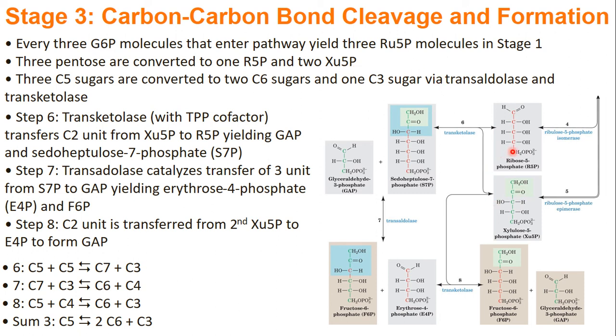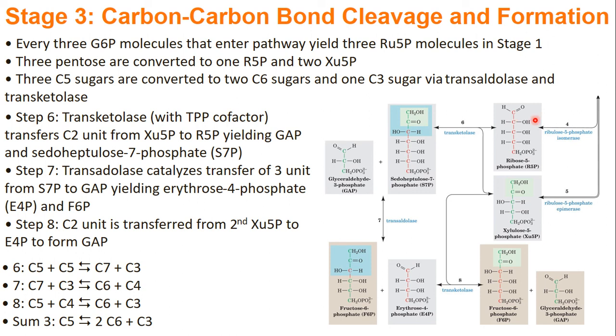Now, these 3 5-carbon sugars will be converted to 2 6-carbon sugars and 1 3-carbon sugar. So just so you're following along, 3 G6P molecules will give us 3 5-carbon molecules, 15 carbons in total to play with.